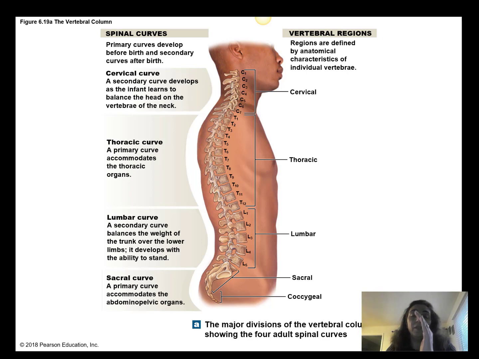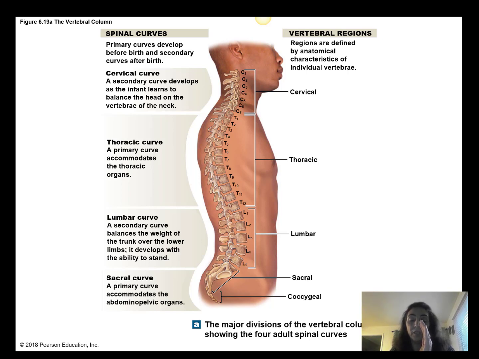If you look at my hand here, if this is the anterior side of the body and the other side is the posterior side, when the person is born, it has a big C-shaped curve that is concave toward the anterior side, right? And if you look at the picture in front of you, you see that the thoracic region is like that, and also the sacrum is like that.